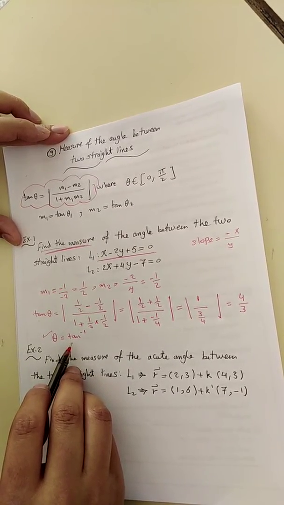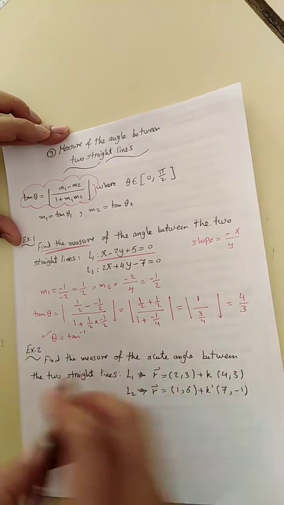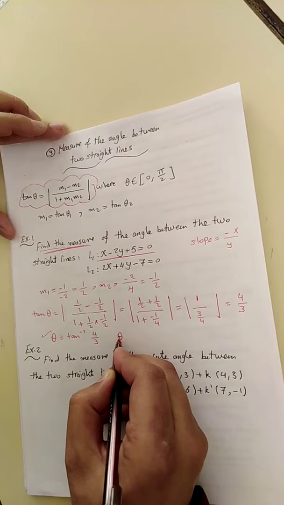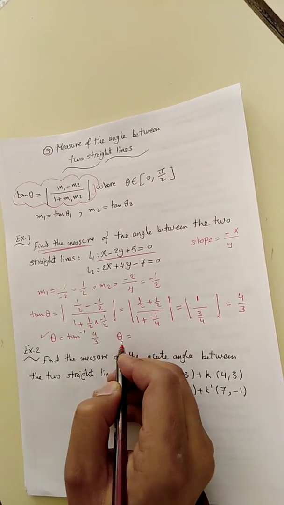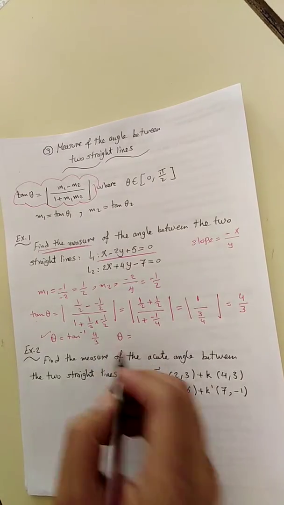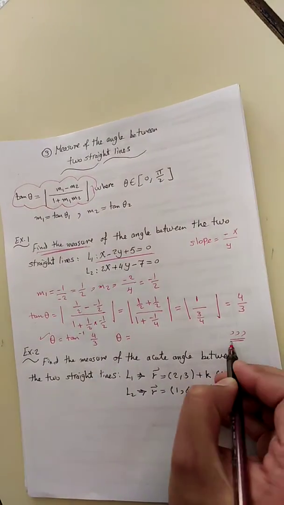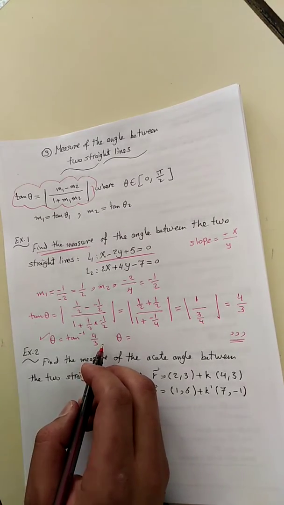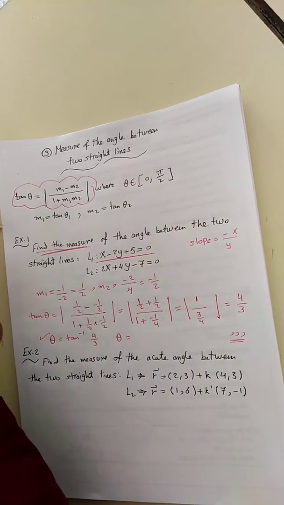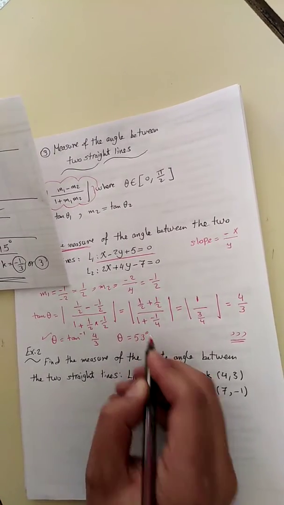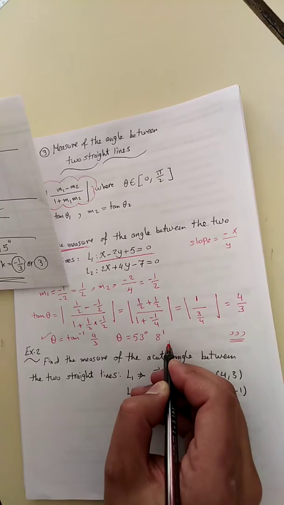Shift tan, 4 over 3, and get the value of theta. After getting this result, press the comma button to get it in degrees, minutes, and seconds. At the last step, the angle will be 53 degrees and 8 minutes.